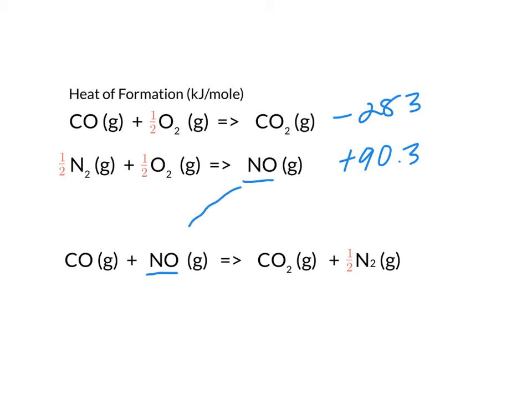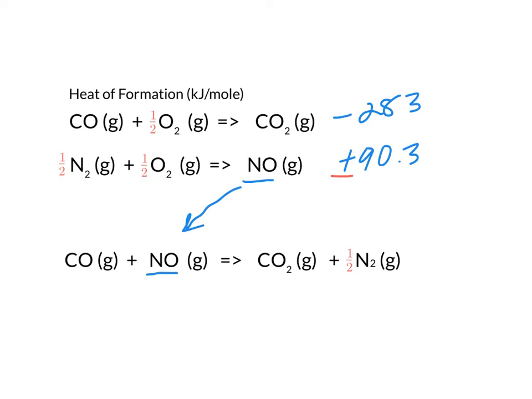So in essence, I need to get that onto the reactant side. And what we talk about in class is that we can flip this around. And if we flip this around, instead of making nitrogen monoxide here, we're going to be using nitrogen monoxide, and we're going to change that sign as well from positive to negative.